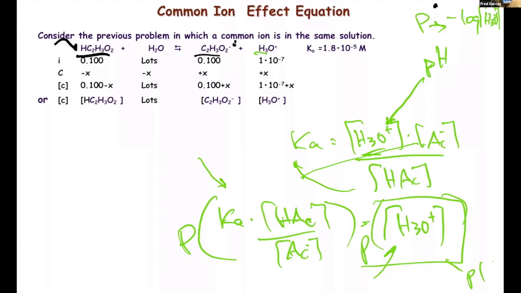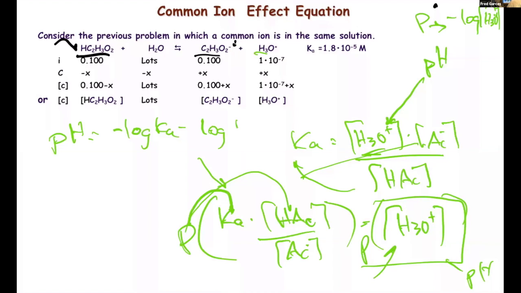So the pH is equal to, we're going to do a distribution, the negative log of the Ka minus the negative log of the acid over the base. I can do that because this is a negative log function.